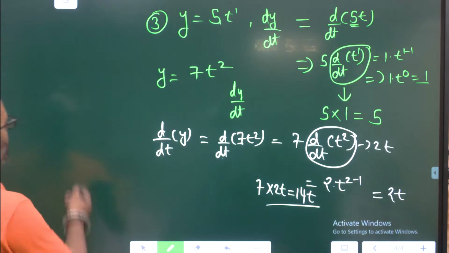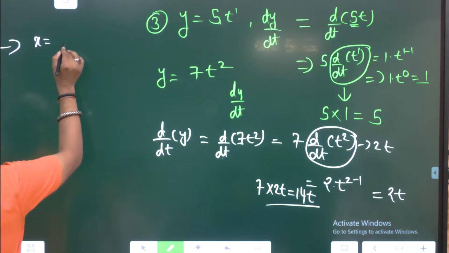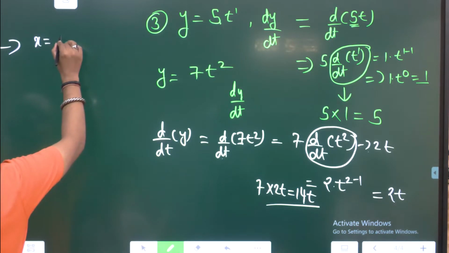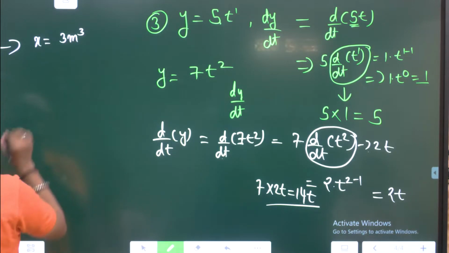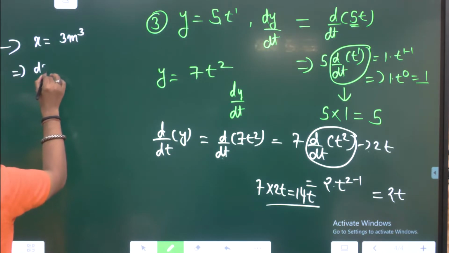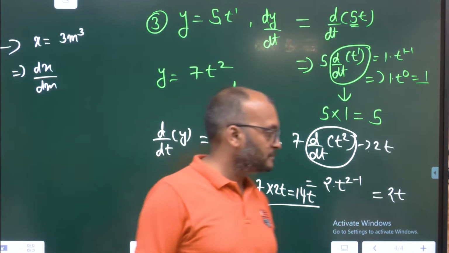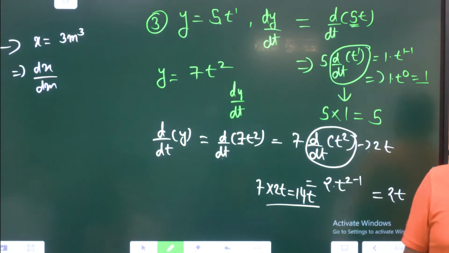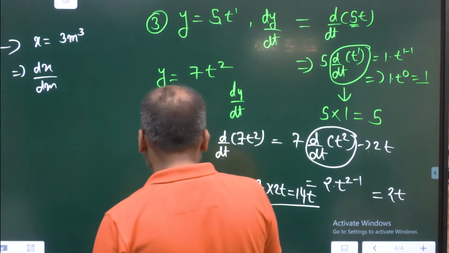I want to solve one more question. Okay, solve this. x is equal to 3m cube. Find dx by dm. 9m². Now I want to see who all will say no. What will happen? t is not there.